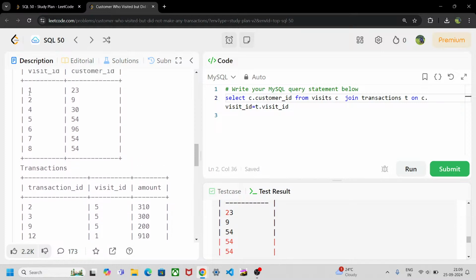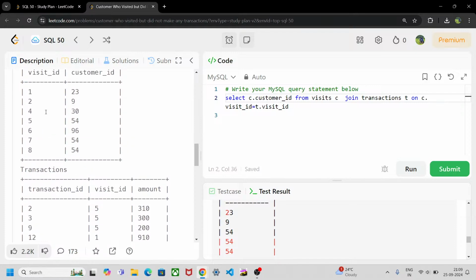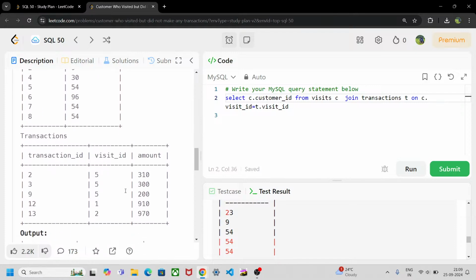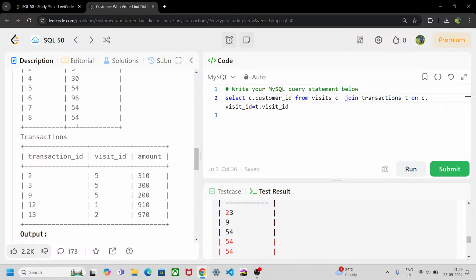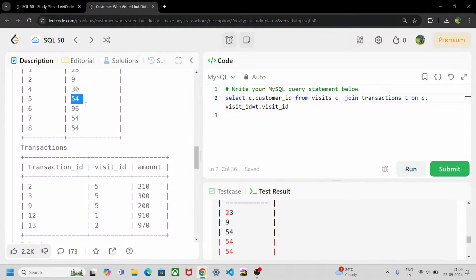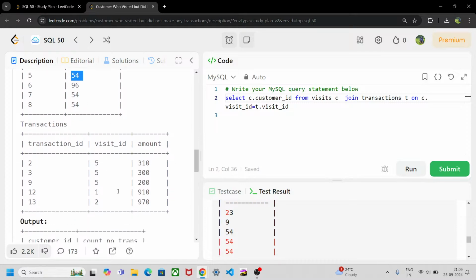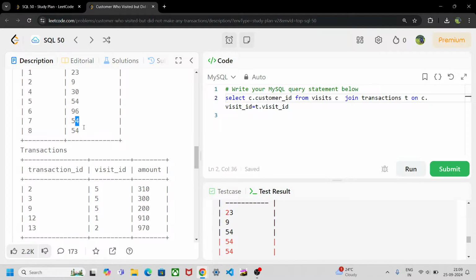So 23 is common, 1 is common, 2 is common, and then 5 is common. 5 is coming 3 times, so 5, 5, 5. And then remaining there are 2, 54 and 54. That is the reason I'm getting 2 extra entries.